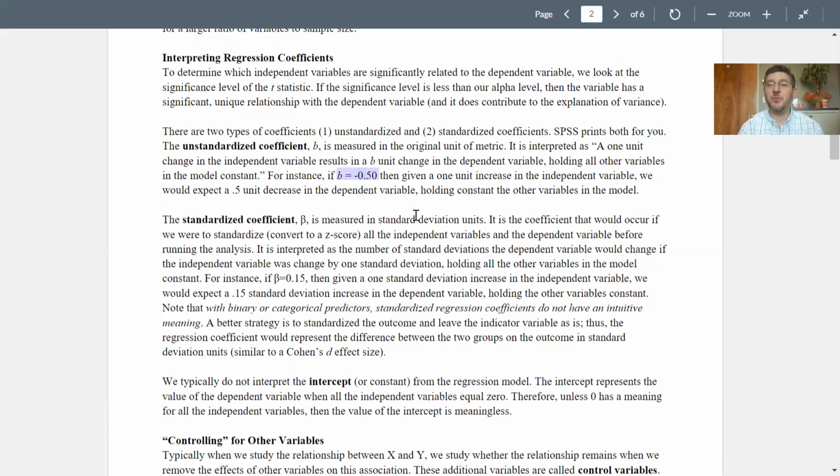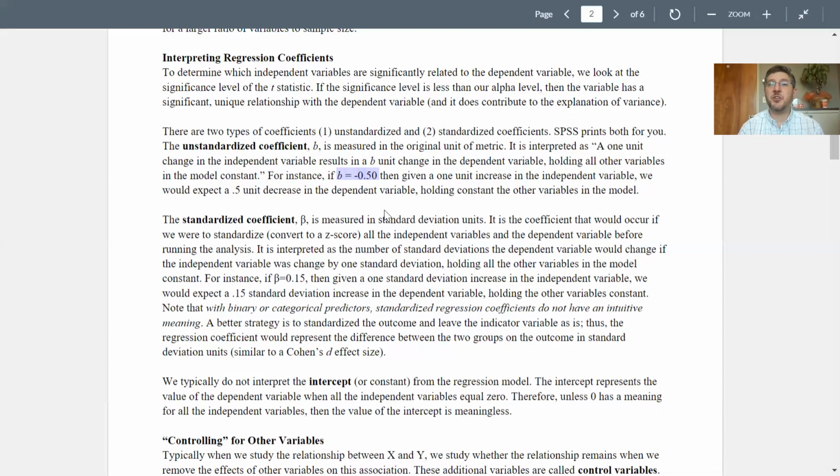That's saying that a 1 unit change in the independent variable corresponds to a 0.5 unit decrease in the dependent variable. It's a decrease because this was negative. If it was positive, it would be an increase. We increase on the independent variable, we increase on the dependent variable. Same way you would interpret a correlation coefficient.